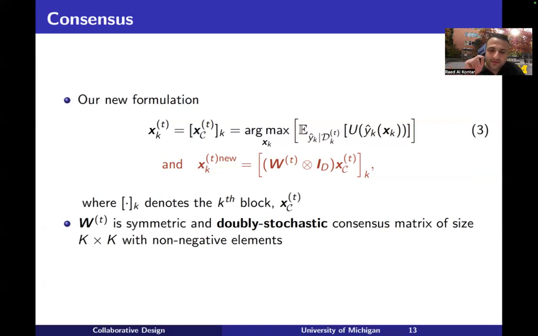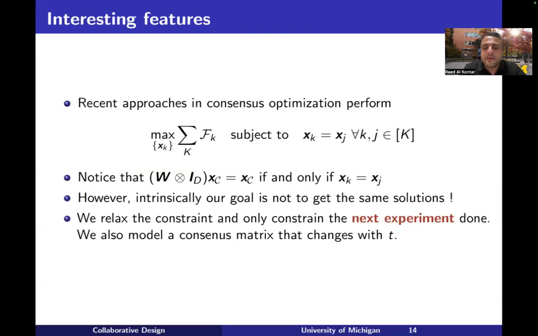And here it's very important to note that W is a doubly stochastic matrix, because the sum of the columns and the sum of rows is 1, with non-negative elements. So you can see here, basically, it's a two-step procedure. That's simple. Every client finds the maximizer of their expected utility, but the actual experiment is a weighted combination of all the clients' decisions. Okay.